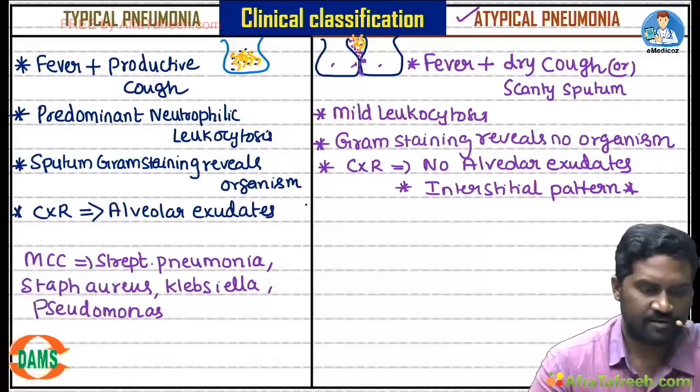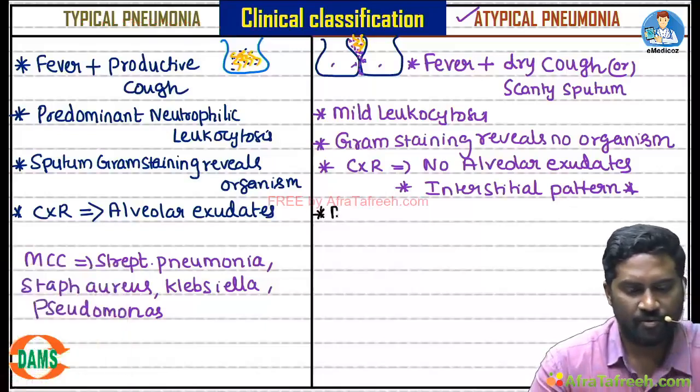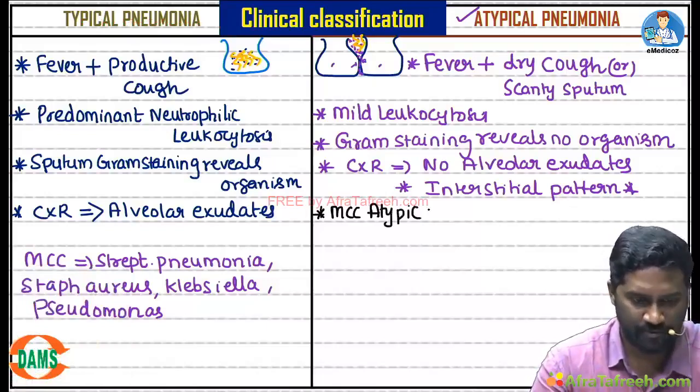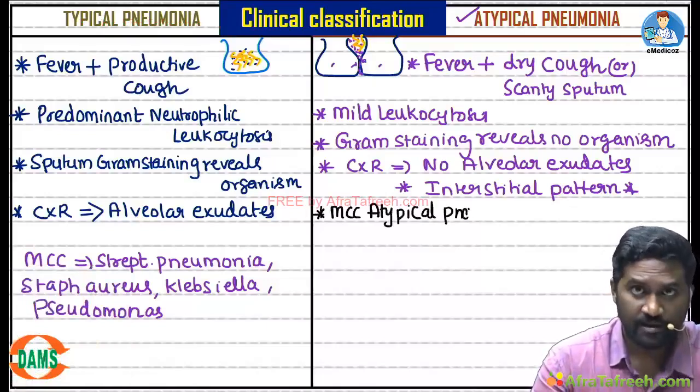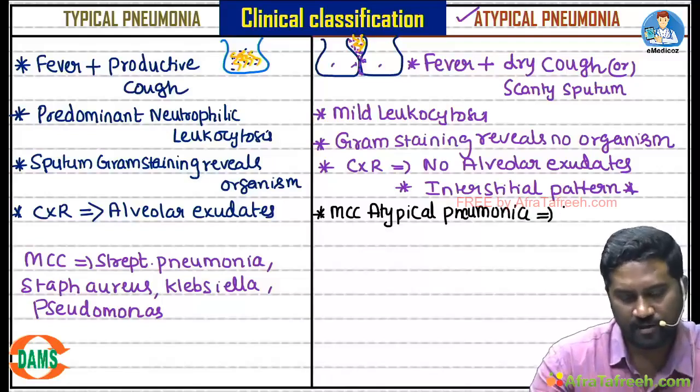Then in the question, if they ask you the most common cause of atypical pneumonia, always your answer should be Mycoplasma.